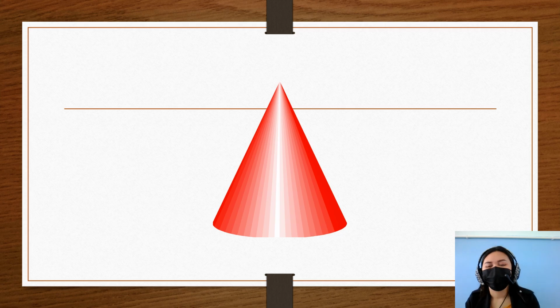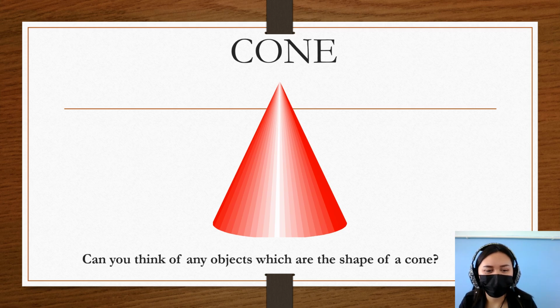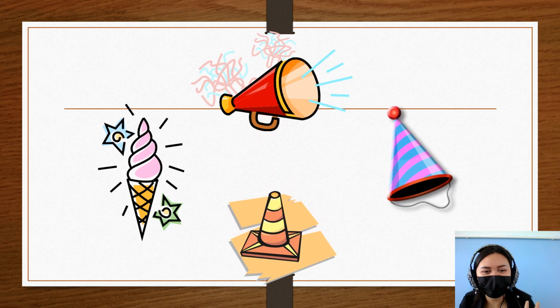Okay, next. What is this? It's a cone. Can you think of any objects which are the shape of a cone? Let's see. Ta-da! An ice cream cone. Oh, what is this? Hmm. What do we call this one? A toy?